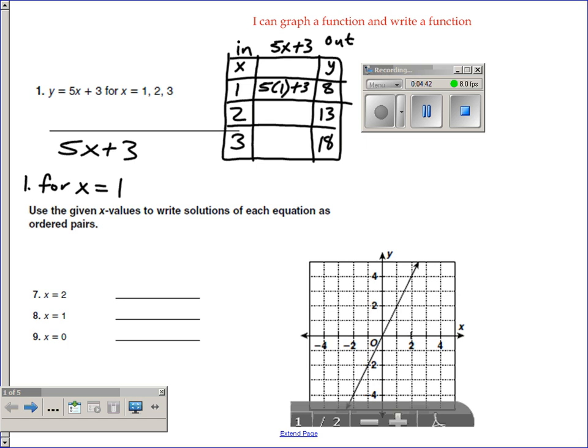Okay? So let's see if that's true. 5 times 2 is 2 groups of 5, right? That's 10. Plus 3 more, and we get 13. 5 times 3 should give us one more group of 5, that's 15, plus 3, and we get 18.